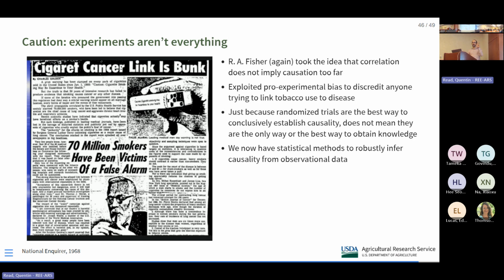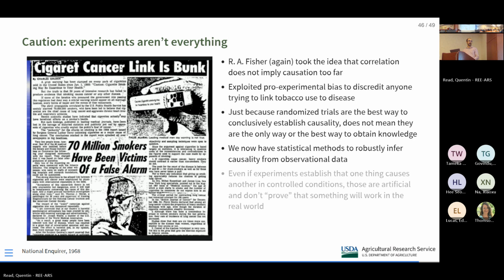If you take observational data and account for different confounding factors and variables, you can actually estimate the causal effect of smoking on cancer, even without doing an experiment, as long as you have the right data and the right other variables that you measure.